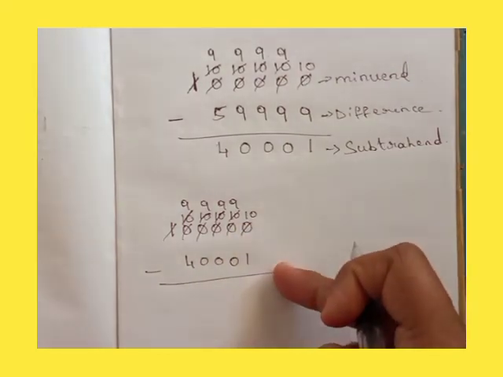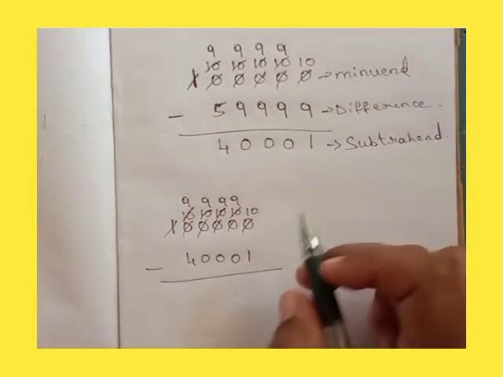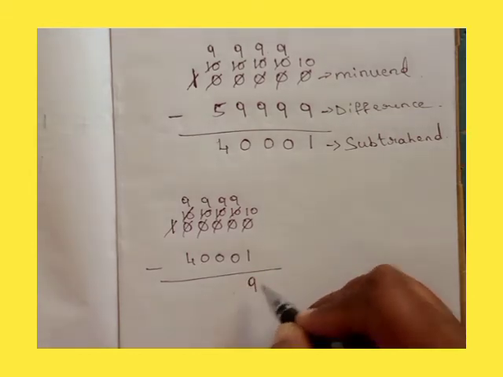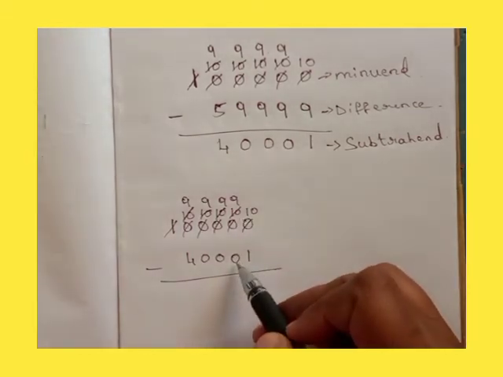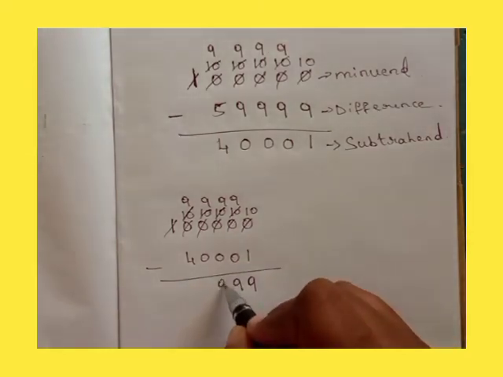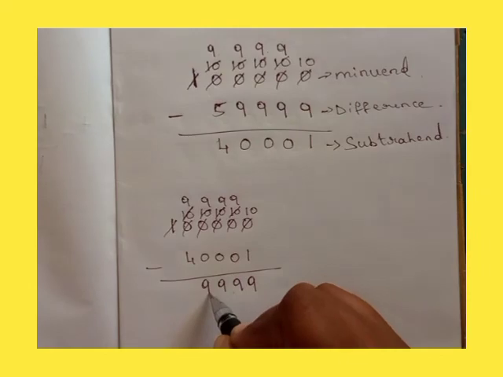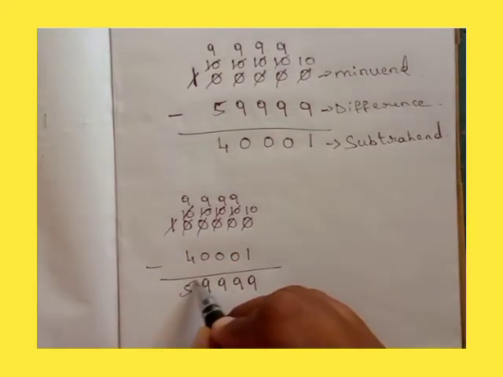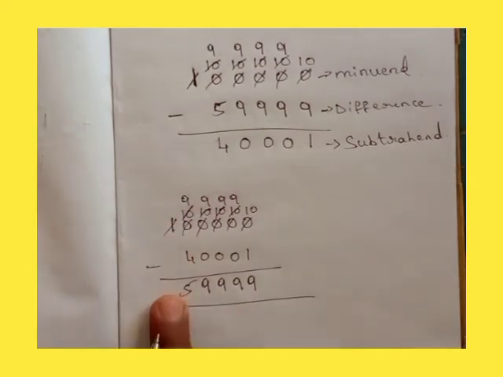10 minus 1, how much? 9. Now in 9, if you minus 0, how much will you get? 9 only. 9 minus 0, 9. 9 minus 0, 9. 9 minus 4, how much? Yes, 5. Here nothing is there.